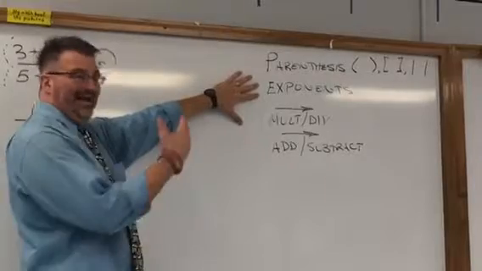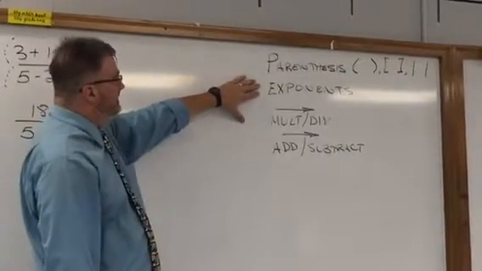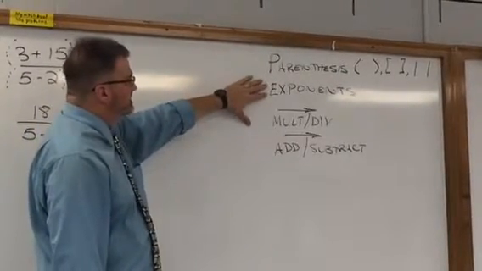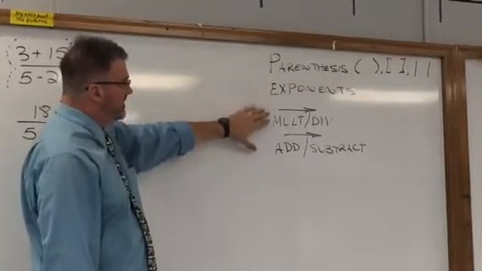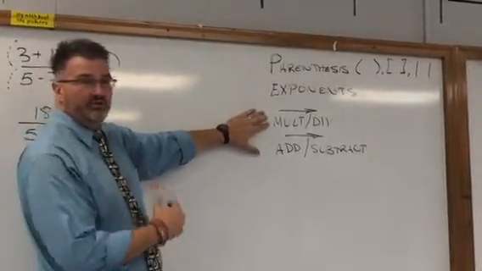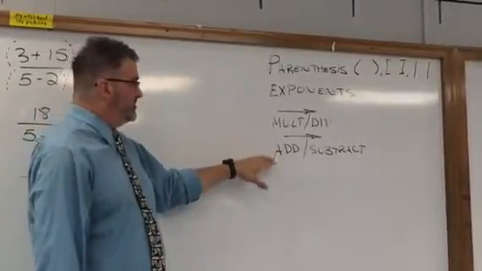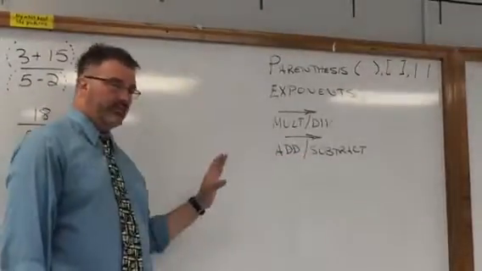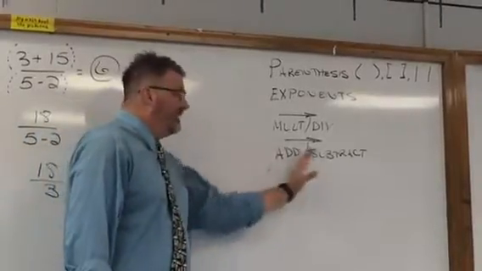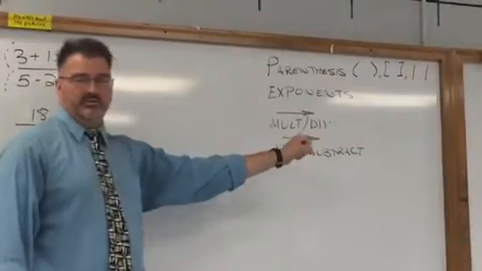Inside the symbol, or after there's no symbols left, you do exponents. Once there's no more exponents, you multiply and divide. Make sure you're doing that from left to right. And then the last thing you do is you do any addition and subtraction. But remember, it's left to right as it appears in the problem.